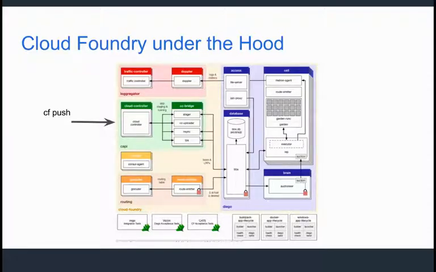When you do a CF push, the first thing that happens is that your CLI, the cloud command line interface, starts communicating with the cloud controller, which is the front end to the entire Cloud Foundry system. You put in information about the code that your app has, the name of the app, the resources that the app requires.